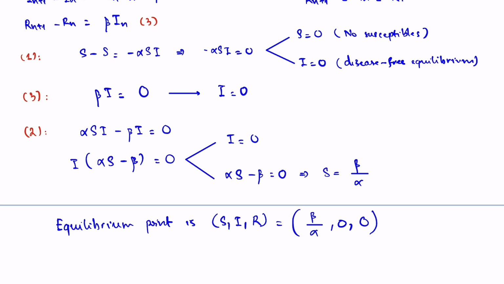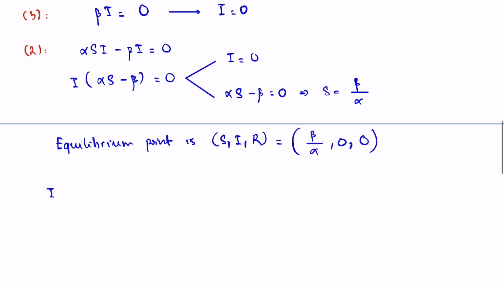Now we're going to look into the solution curves of this model with some given parameters and initial conditions. So in this case, initially, S of 0, or S sub 0, is equal to 995. So there are 995 people that are susceptible to the disease. I of 0, or I sub 0, is equal to 5.